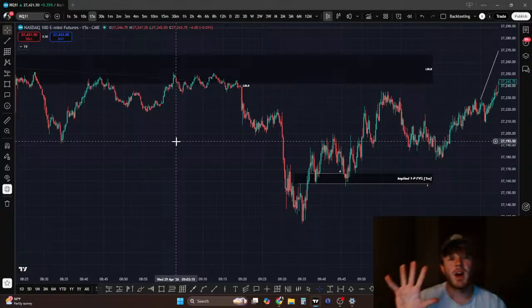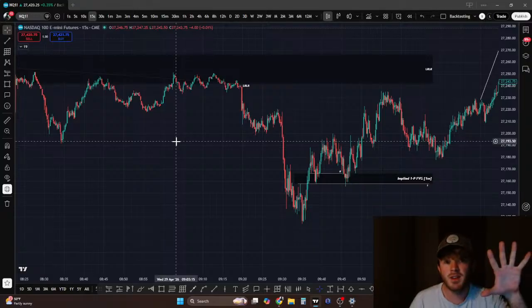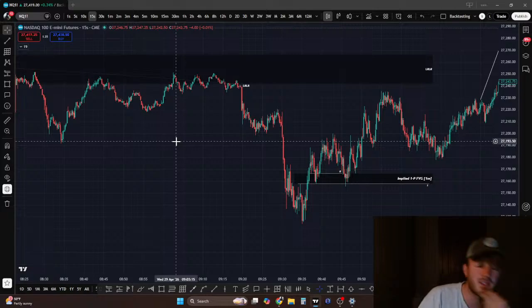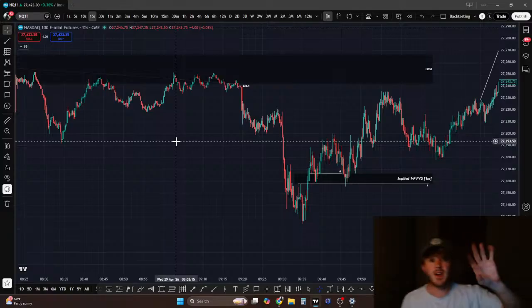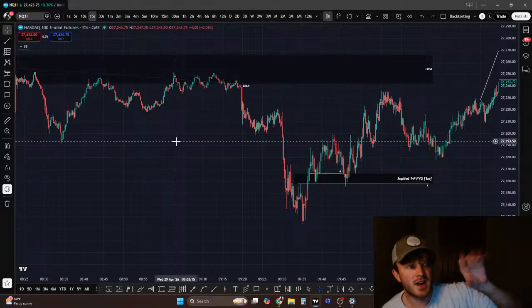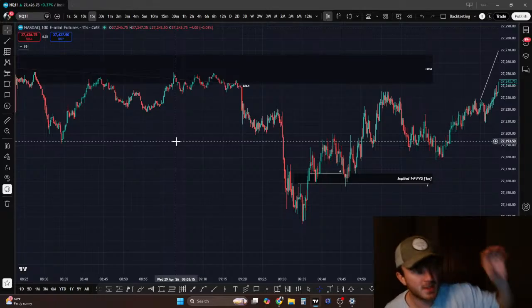But then I combine those 5. Each of those 5 is like the toppings on my ice cream: change state delivery, inversion fair value gap. It could be a break for value gap, but I just call that change state delivery. So this is the way I trade. I look for accumulation, manipulation, expansion.